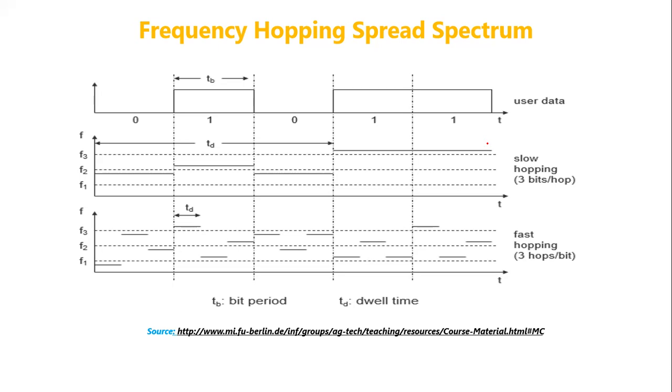Okay. So here you can see, for transmitting 0, initially the sender or the transmitter is using the frequency f1 and is sending the signal 0. Again he is switching to f3, and from here also he is sending 0. Again he is moving to f2, so from here also he is sending 0. Okay.